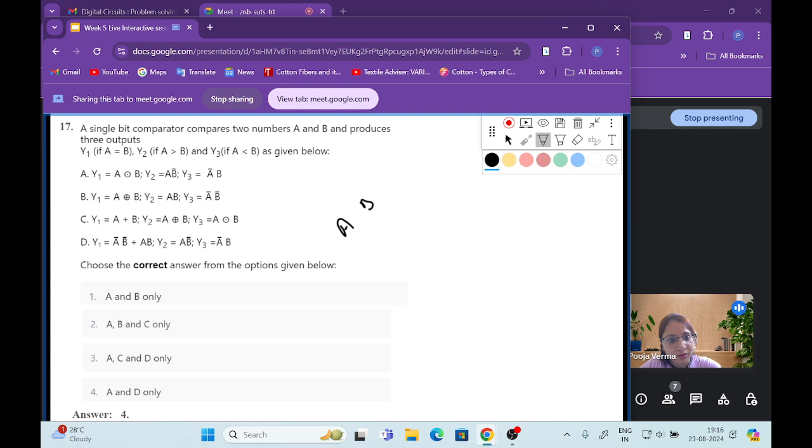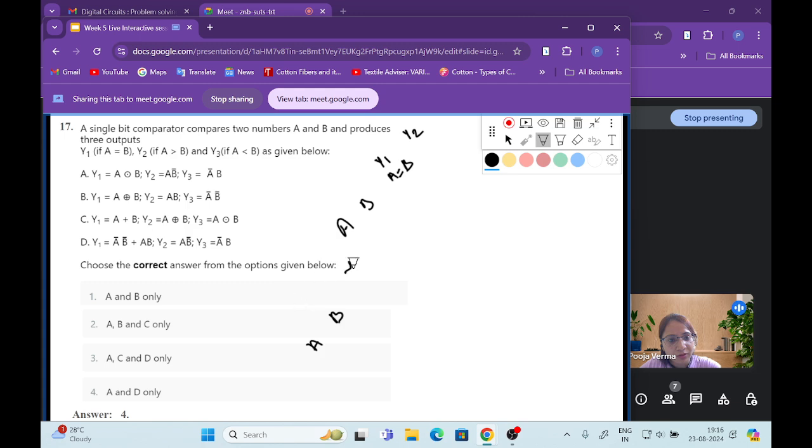And there are three outputs. The first one is A is equal to B, it is called y1. The next one is y2. I'm writing it here: A, B two inputs and three outputs.